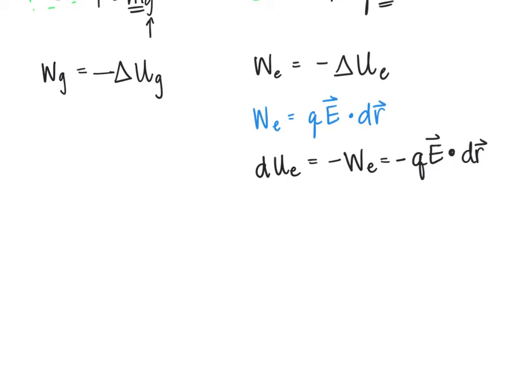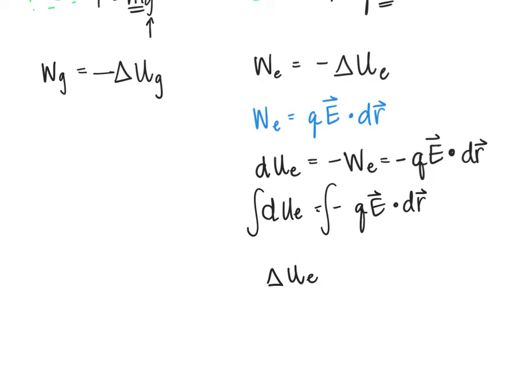So integrating both sides, we have dUE equal to negative QE dot dr vector. Integrate both sides, and we will get the change in our electric energy.